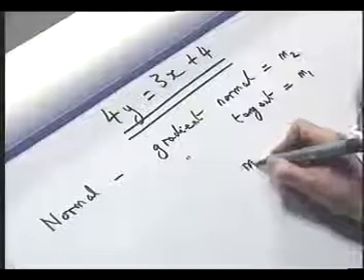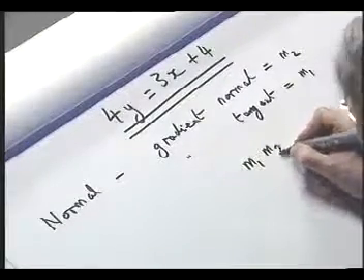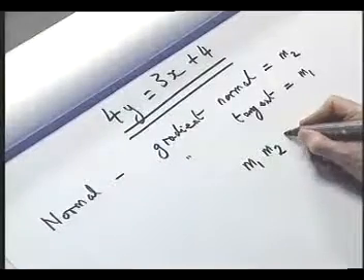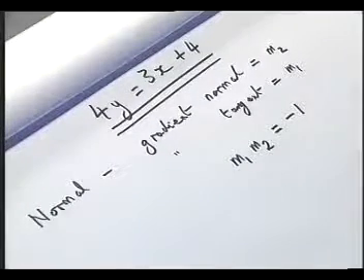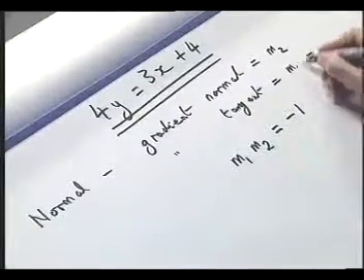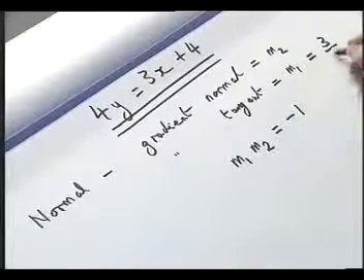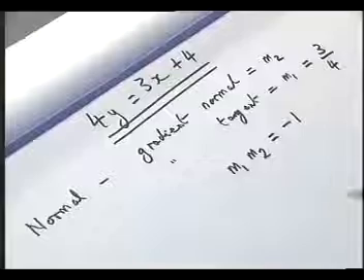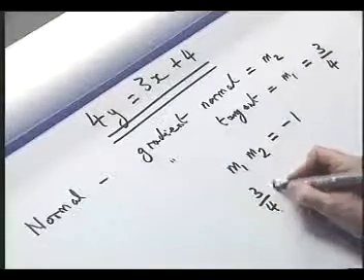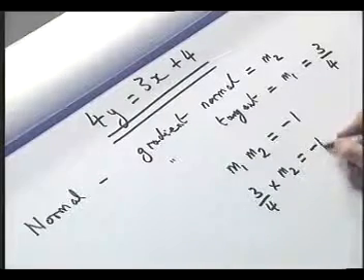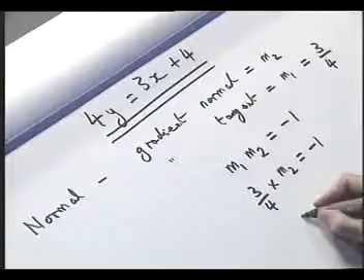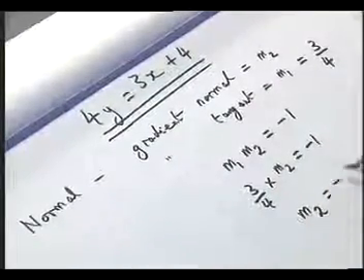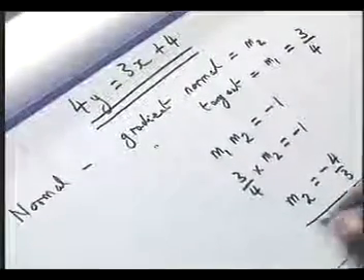The thing that we said about two lines at right angles to each other was that if we multiplied their gradients together, the answer we got was -1. Now we do know the gradient of the tangent is 3/4. So if we put that in, 3/4 times m2 is equal to -1. So if we multiply up by 4 and divide by 3, we get m2 is equal to -4 over 3. And so now we know the gradient of the normal.